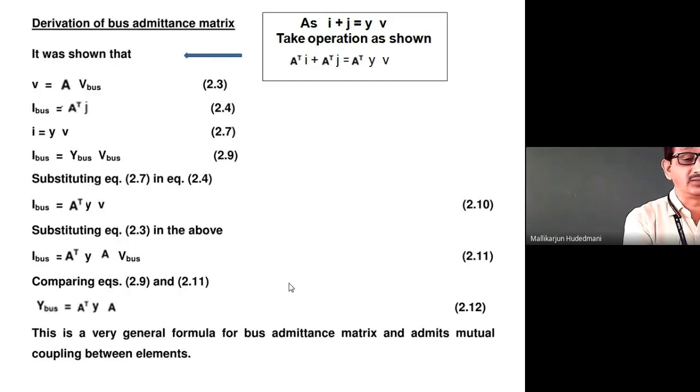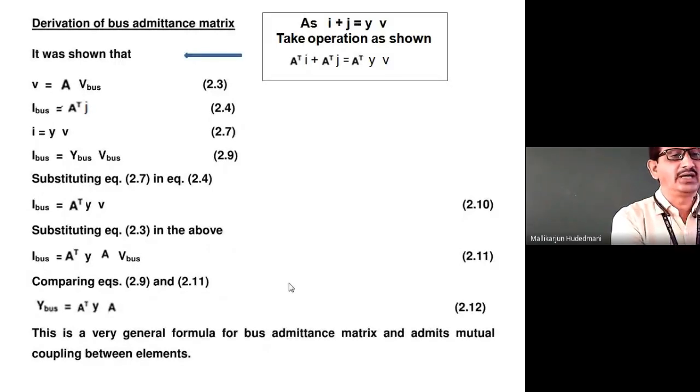Imagine you have been given a system. A power system layout is given to you. You are able to draw its graph, write its impedance for all the elements with all the buses, and take out the reduced matrix. I mean to say, the A matrix of that system you are able to obtain.